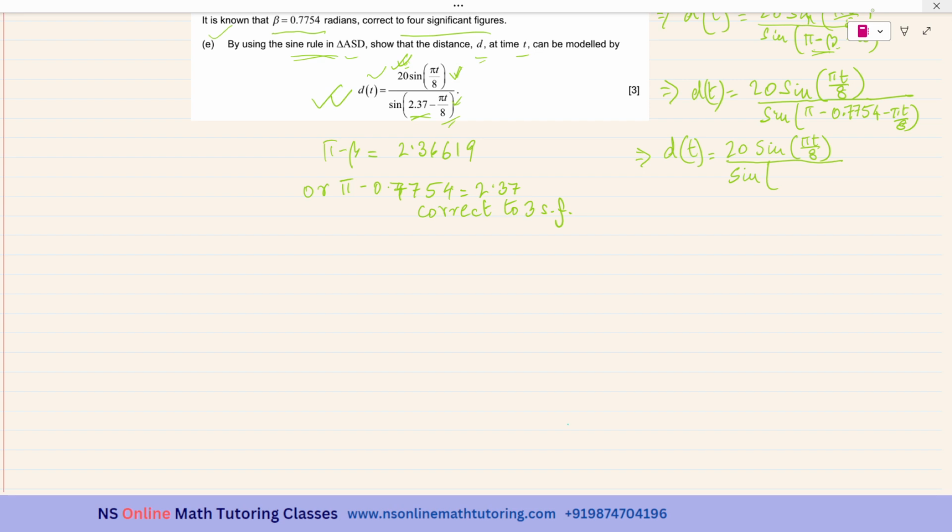So this is 2.37 minus pi t over 8. So this is what we have to show. Shown.